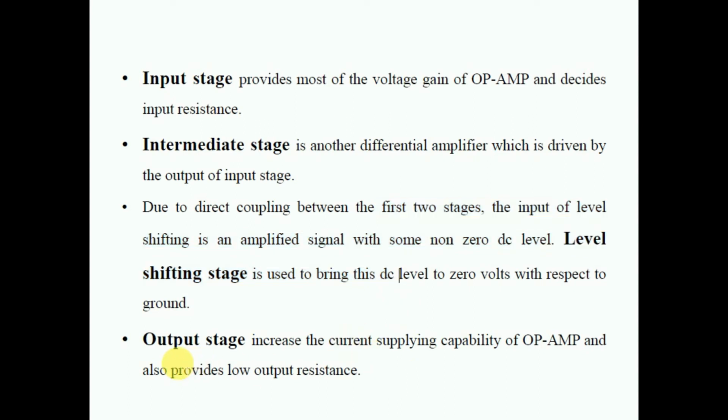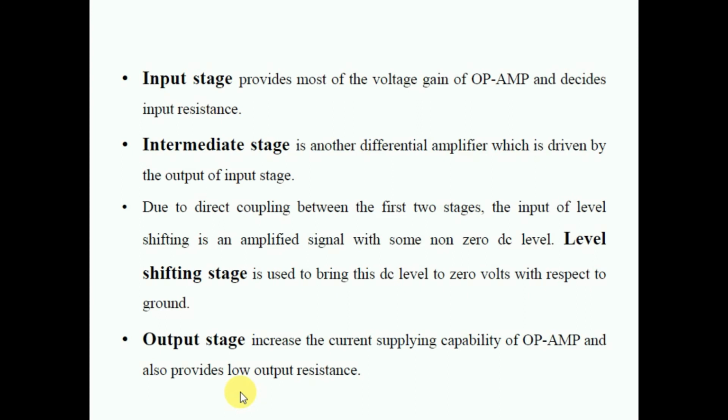And after that, the output stage is here, which increases the current supplying capability of the operational amplifier and also provides low output resistance. So these are the things. You can see that the resistance somewhat affects the operational amplifier operation.